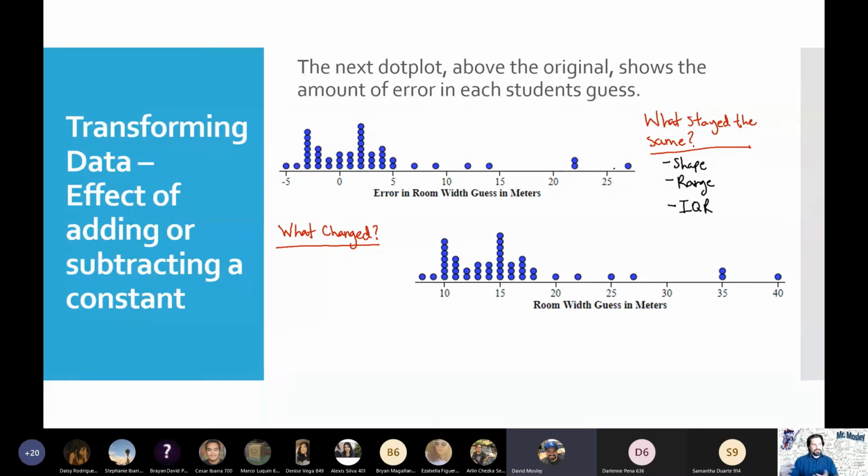So the value of the range, 27 minus -5, is 32. And on the other set of data, we go from 8 to 40. 40 minus 8 is also 32. So when we find the value of the range, it stays the same, 32 for both. The same is going to happen with the IQR. The interquartile range will also remain the same.